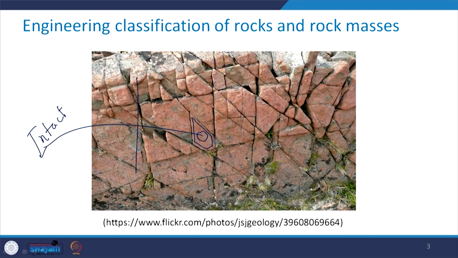But if I take this big part, then this is called rock mass, because it comprises intact rock, discontinuities, as well as the weathered surface. So that is the difference between rock and rock mass.